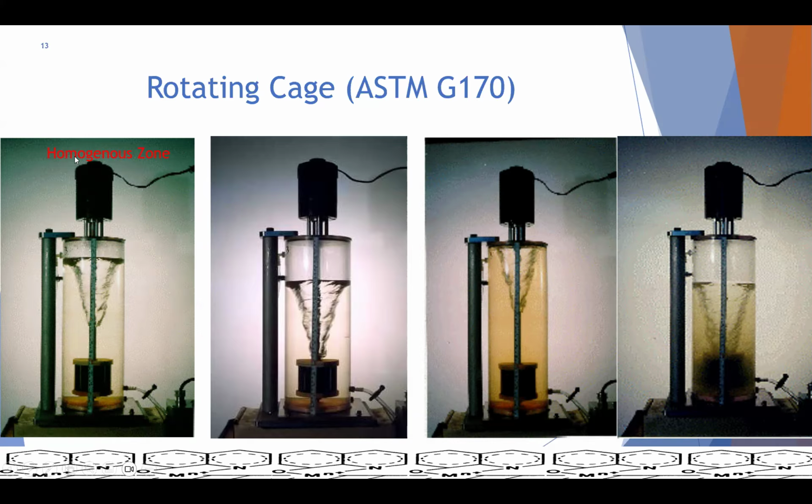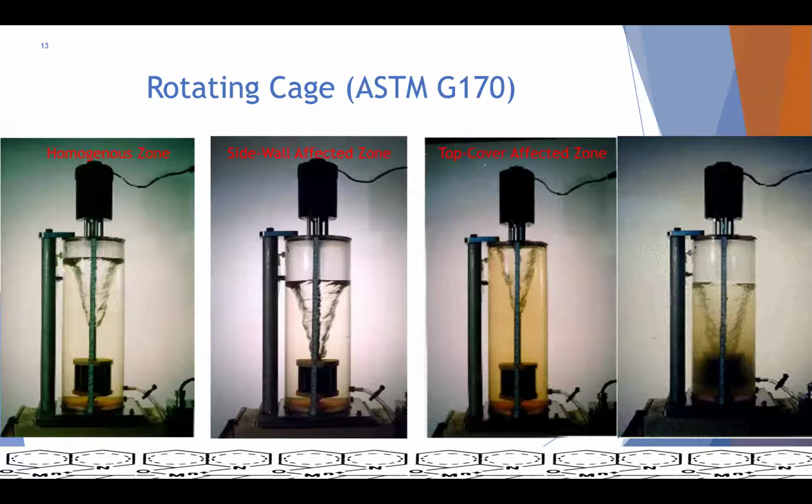That is the definition of the homogeneous zone. The vortex grows as a function of rotation speed. And then as the vortex grows in length as well as in width, beyond a certain rotation speed, beyond a certain volume, the vortex doesn't grow along the side. That is known as the side wall affected zone.